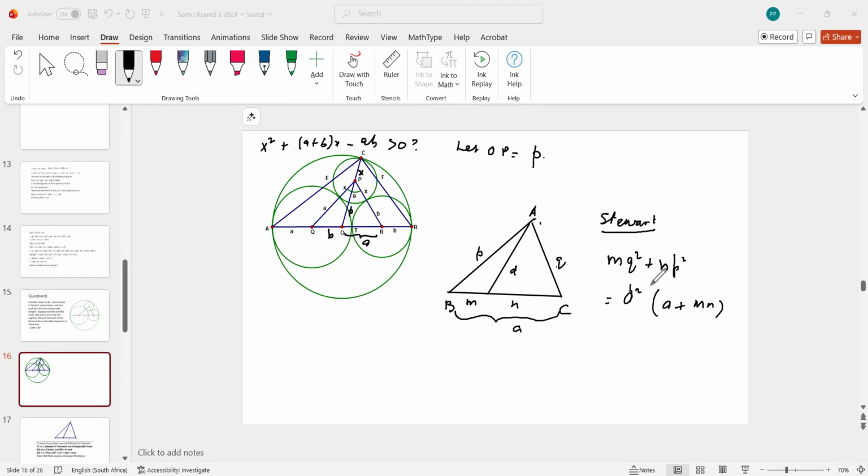So this is Stewart's theorem. This times q squared plus that times p squared is equal to a times d squared plus mn. It's a sort of tricky formula because you've got so many symbols here: m, n, q, p, a and d. There are six symbols here.